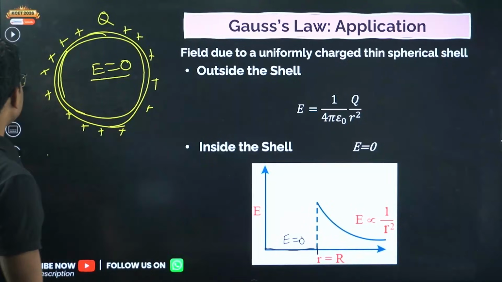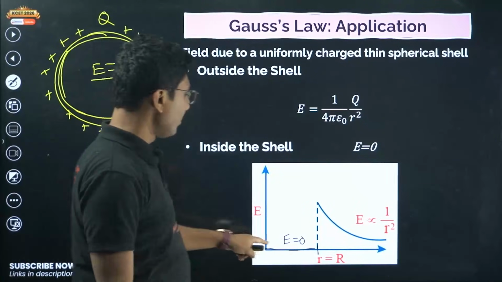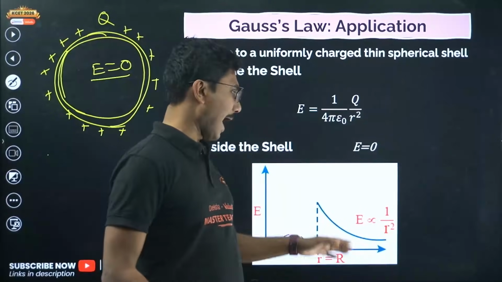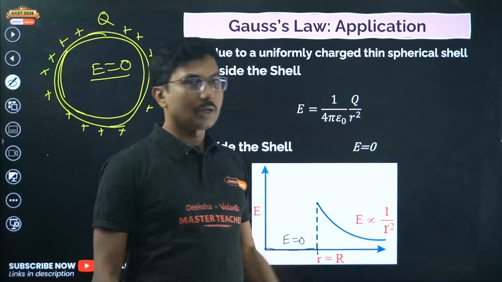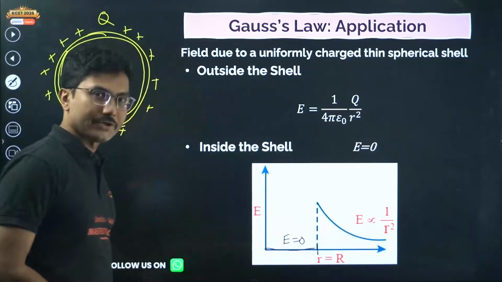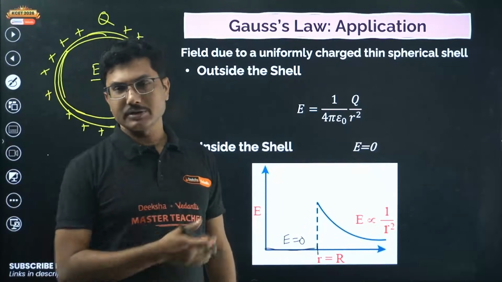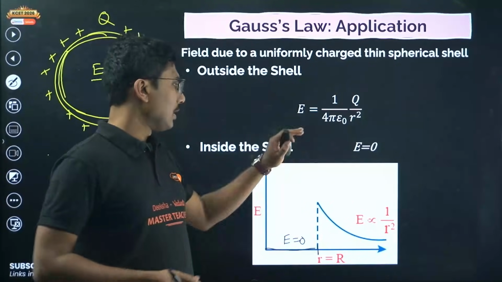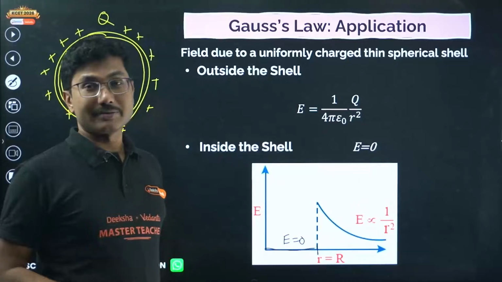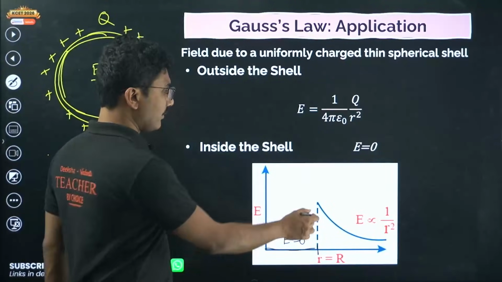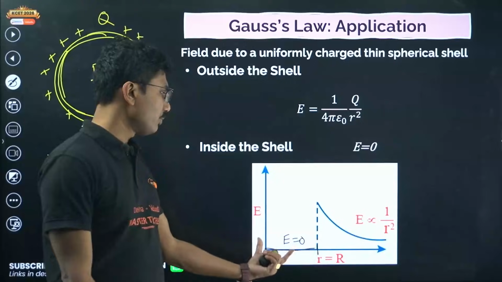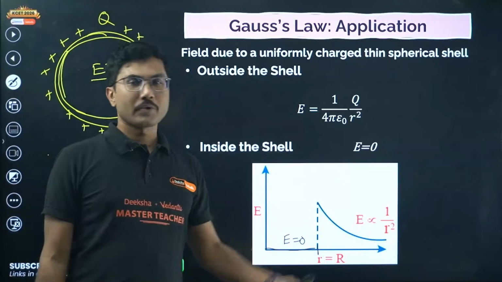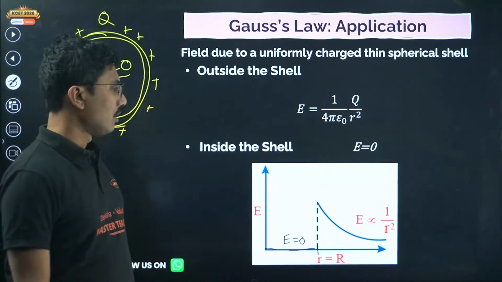So it starts from 0, and at infinity it becomes 0, but this is how the graph looks. You should remember the graph nature for the exam, because there might be a question where you will be given graphs and asked which one is correct. In some cases they will extend it till 0, but remember for electric field it is 0 at the beginning and then it goes to 0.